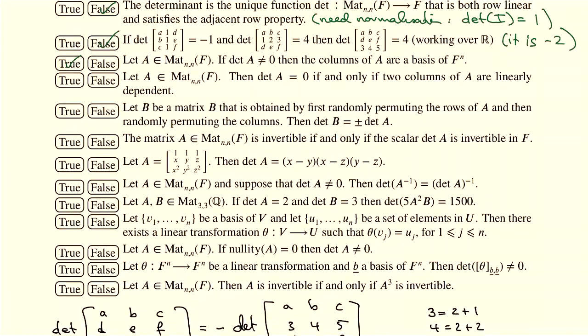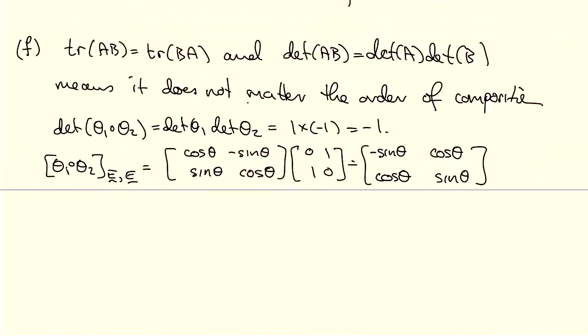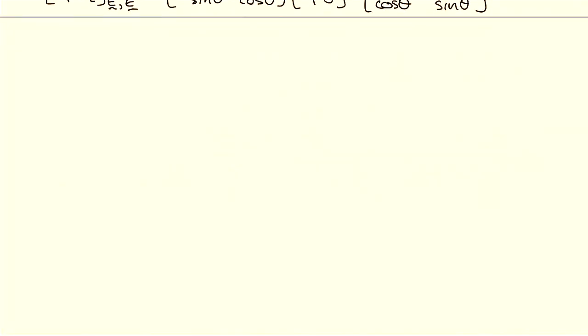So let's make a bit of space. I'll write it in red here. If det A is non-zero, then, with two different logics at least, there are lots of other ways you could think. Logic 1 would be A is invertible, so it's an isomorphism from Fn to Fn.